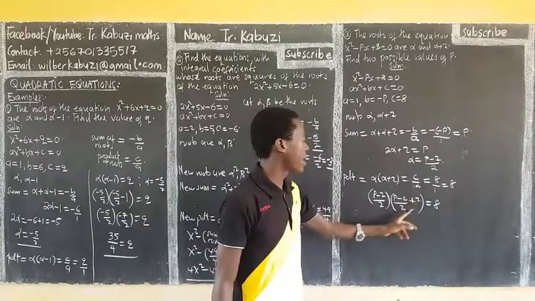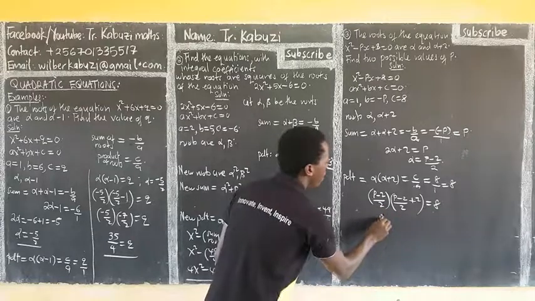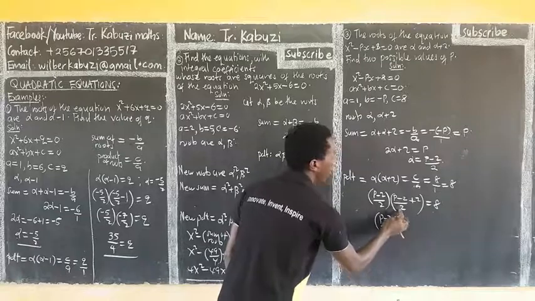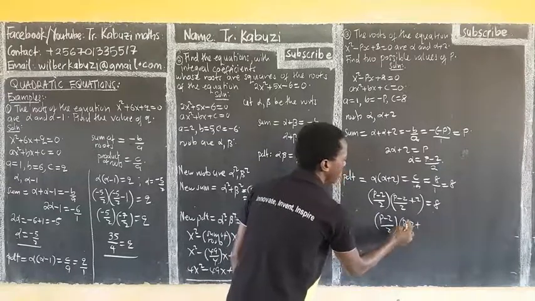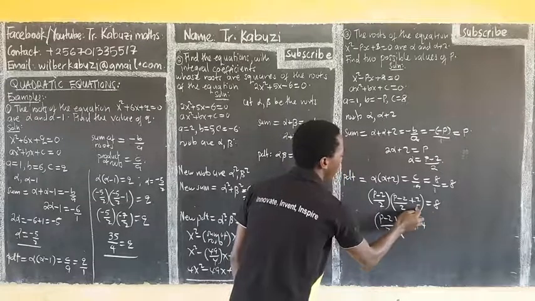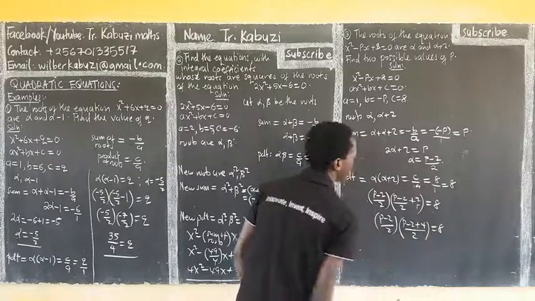So here we can get the LCM. I'll be adding p minus 2 over 2 and 2. The LCM here is going to be 2. So p minus 2 plus 2 times this, I get 4.